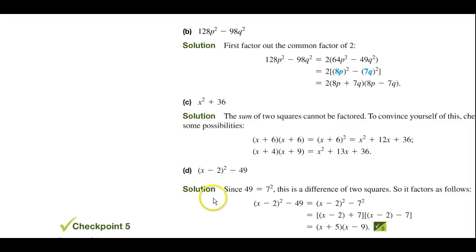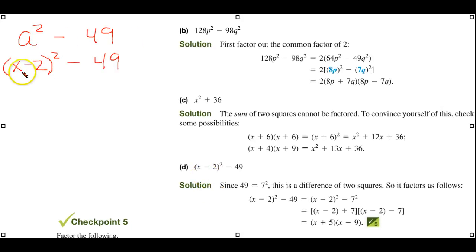All right, when we look at letter D in a modified way, we can think of it as the difference of two squares, but now our A is actually a binomial, so we're sort of substituting. When we factor that, we would get A plus 7, A minus 7, there we go.